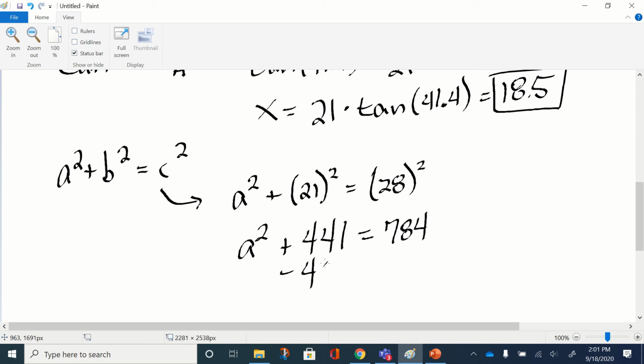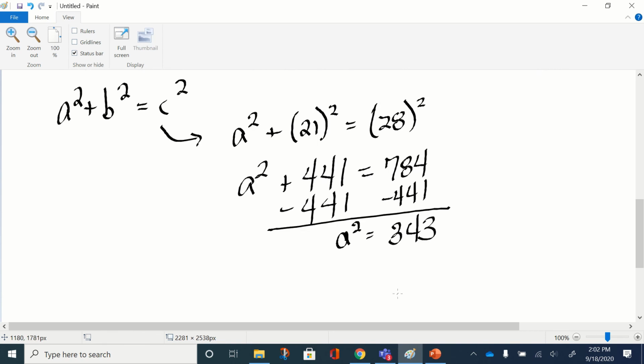Subtract both sides by 441. What I'm left with is a squared is equal to 343. My last step, as with all algebra, when you've got something squared, you take the square root. So the square root of that answer is going to provide me with 18.5.